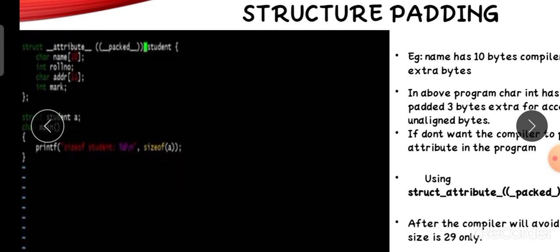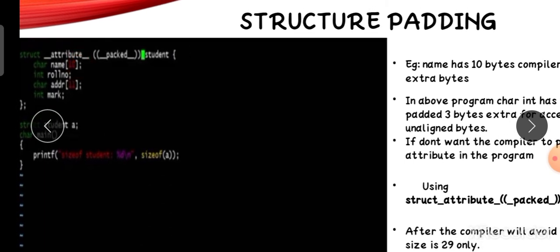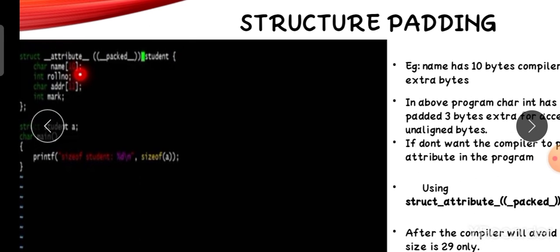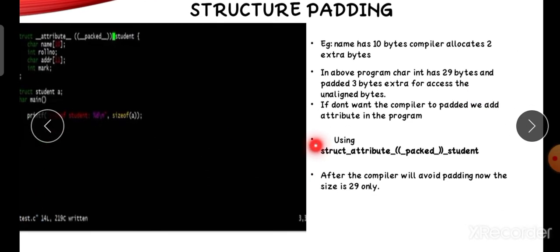In this one, it has 10 bytes. 10 mod 4 is not 0, it is a false value, so this is unaligned access. So padding uses an extra 2 bytes to create the aligned access. Then only the padding happens.